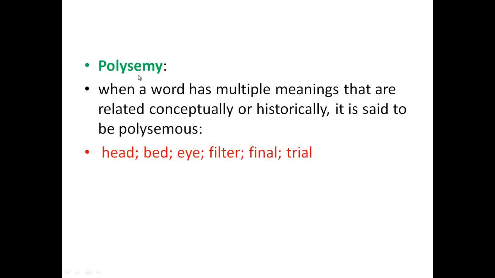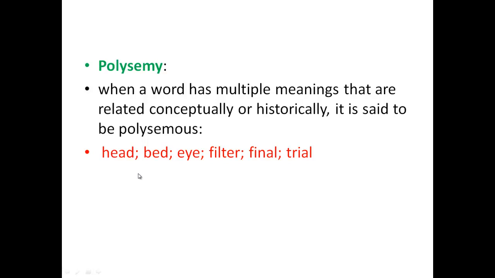Now another notion which is related to homonymy is polysemy. Polysemy is a case where we have one word, not two words, but one word, which has multiple meanings that are related conceptually or historically. This word is said to be polysemous. For example, head. If you consult your dictionary, you're going to find that this same word, head, has different meanings. Meaning number one is the part of the body on top of the neck.